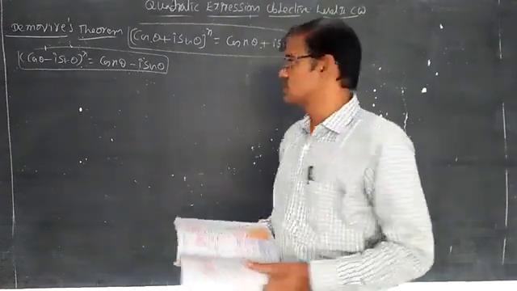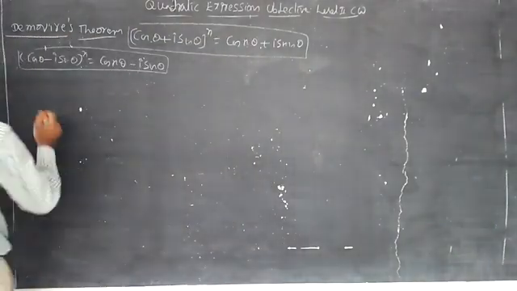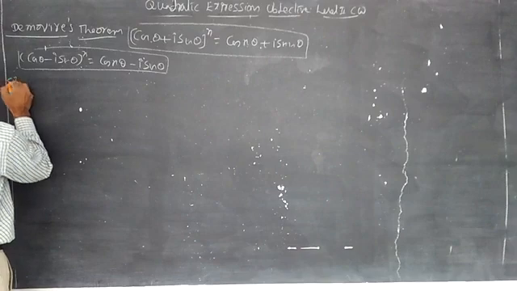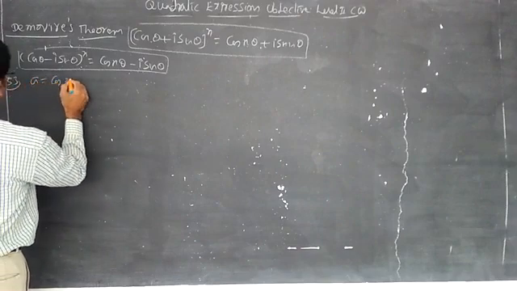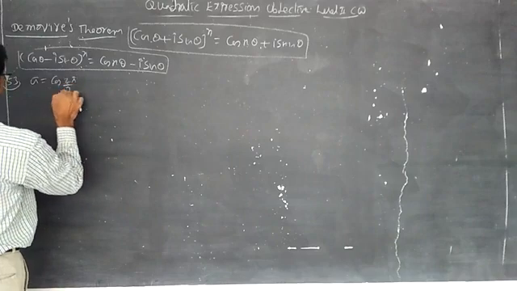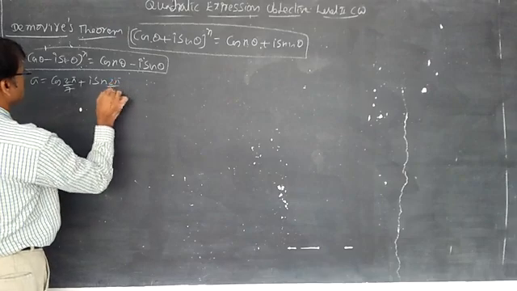Now let us remember it as a formula: (cos theta plus i sin theta) whole power n. Now question 53. a is equal to cos 2 pi by 7 plus i sin 2 pi by 7.